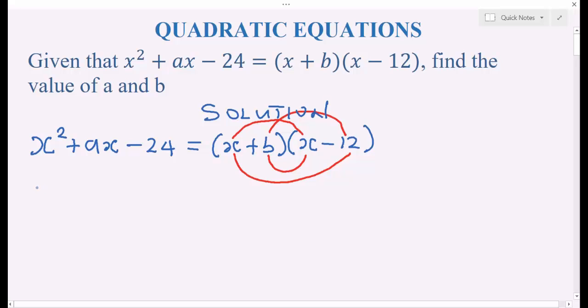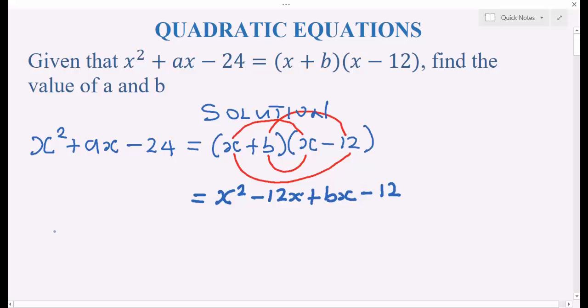So this will give us x times x, which is x squared, minus 12x, plus bx, minus 12b.